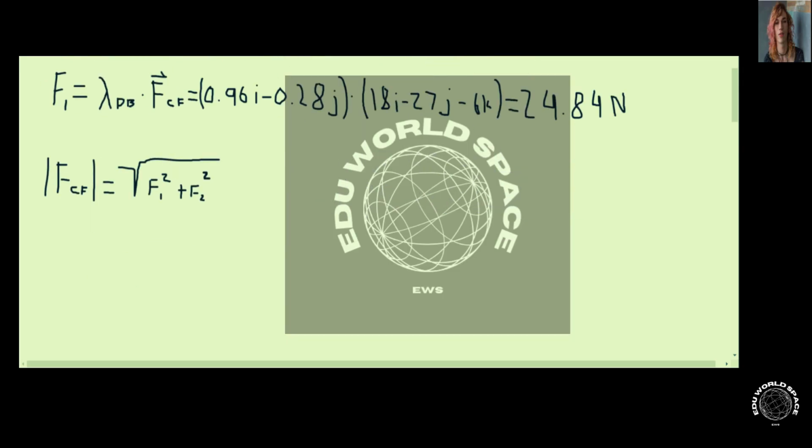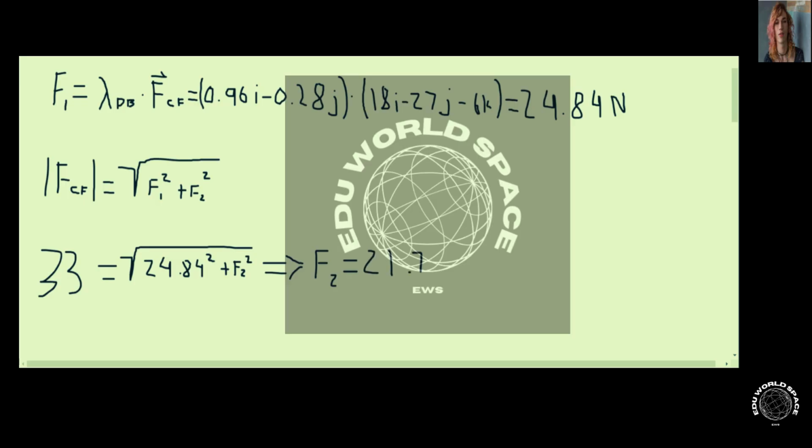So we plug in those two terms, which will give us 33 is equal to the square root of 24.84 squared plus F of 2 squared. And solving this for the perpendicular component F of 2, we get a value of 21.72 newtons.